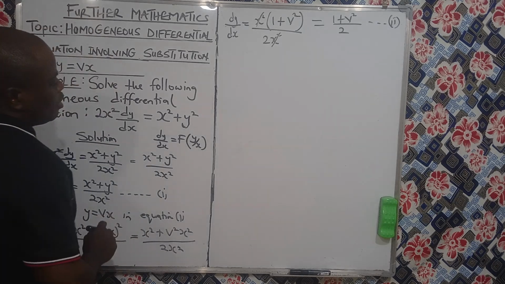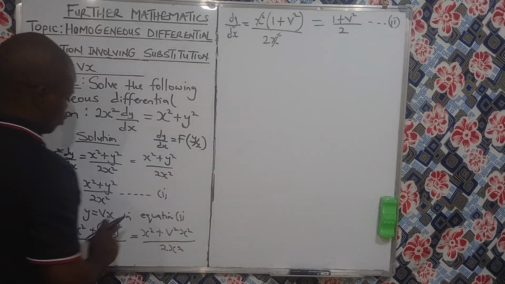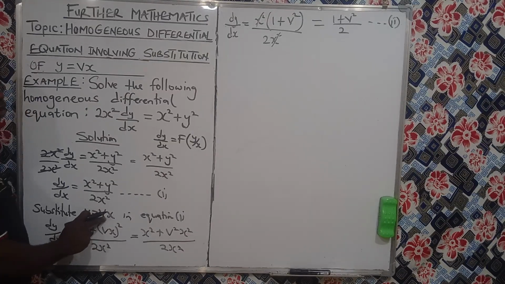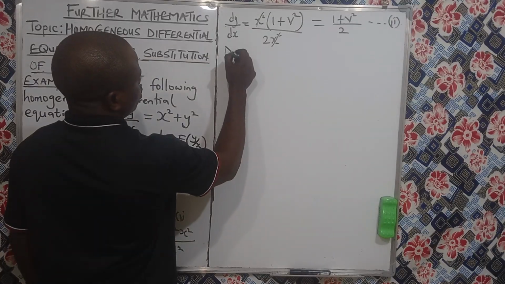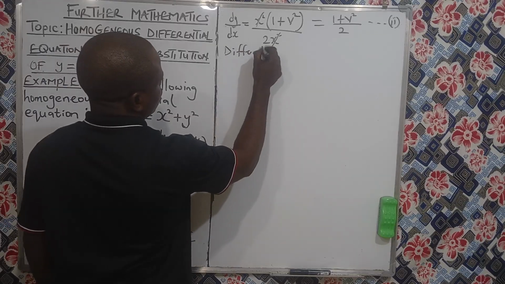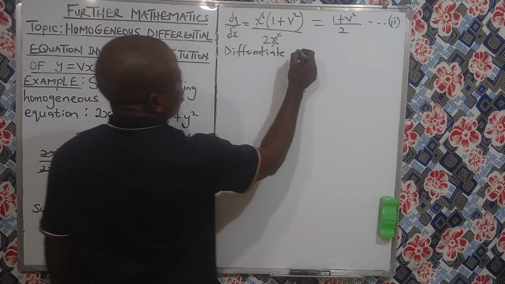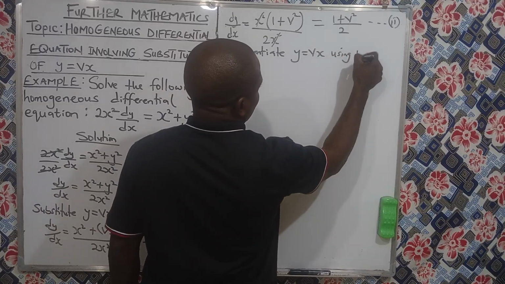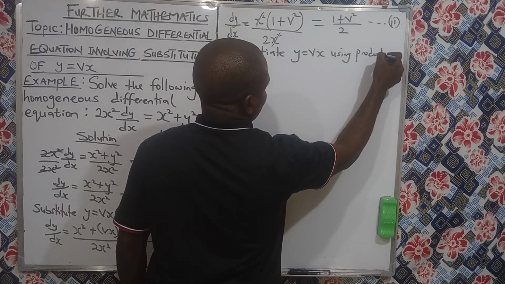Okay. Now let's go to what we substituted. y equals to vx. We want to differentiate it using the product rule. Differentiate y equals to vx using the product rule.